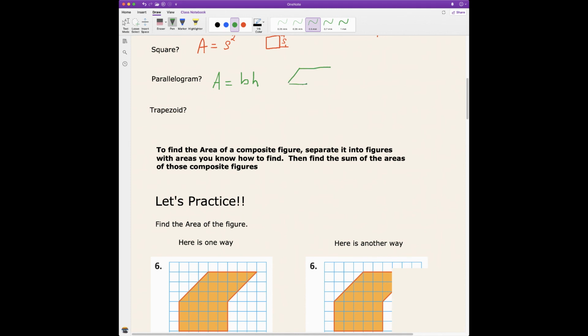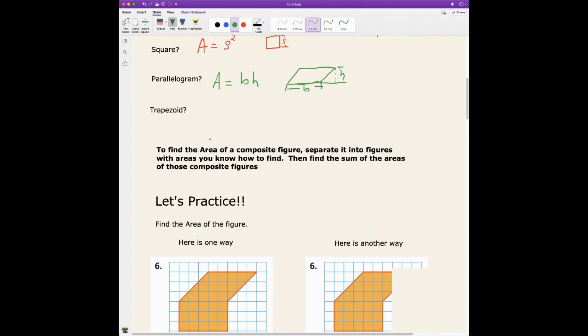There we go. Okay, parallelogram. So the height of the parallelogram would be this value, and the base of the parallelogram would be this value.